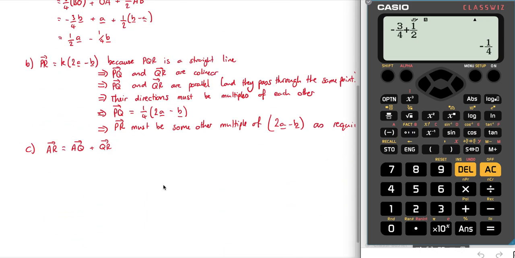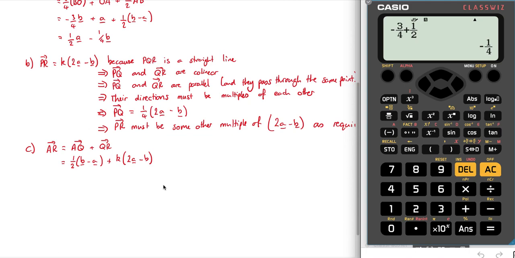AR, oh, I know how we're going to do this. AQ we've already got somewhere. AQ is half of AB. So A to Q is half of B minus A. And Q to R is K lots of that 2A minus B, because it's just another multiple going in that direction.